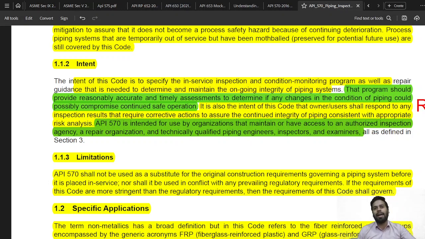They might be contracting these workers or they might have them on their payroll. The workers include the authorized inspection agency. You can have a repair organization that is coming in. You can have technically qualified piping engineers and inspectors that are going to inspect your piping system, and the examiners who are going to perform your NDT. Okay, the definitions of all of these are given below. Okay, limitation.